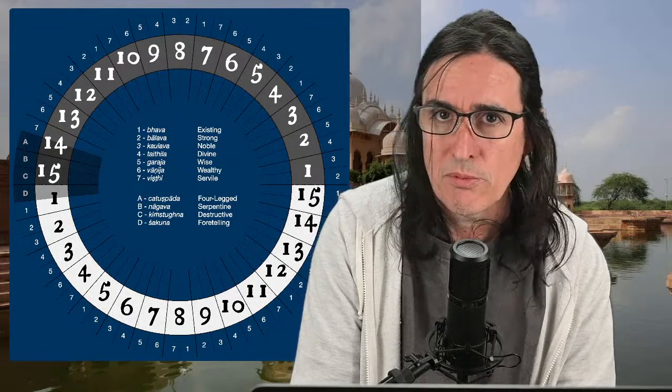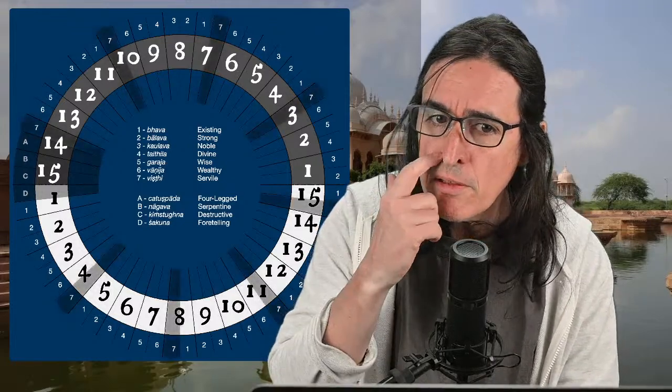So now you see the Tithis and the Karnas, and if you take this into consideration, that these 4 Tithis are not prosperous. And then you take into account that every 7th Tithi is also not prosperous. Then it looks like this.